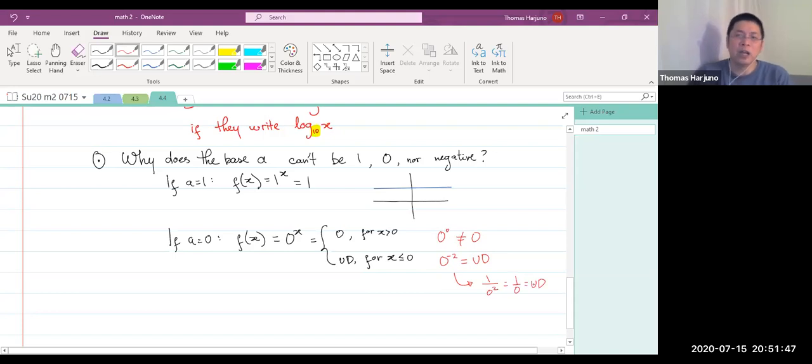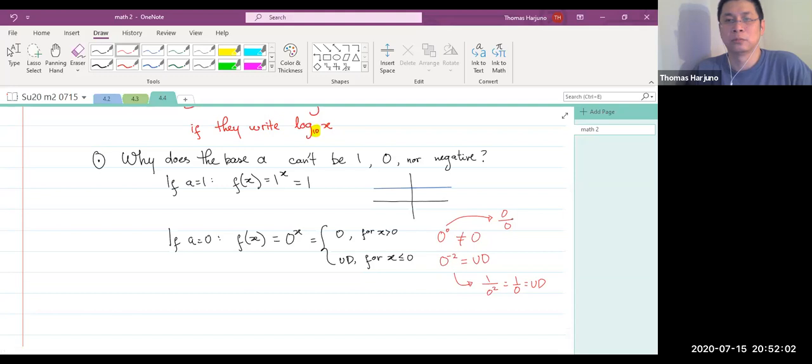So if the exponent is negative, it's undefined. Now, what happens if you have 0 to the 0? 0 to the 0 has the meaning of 0 over 0. It's not 1, it's not 0, it's undefined.